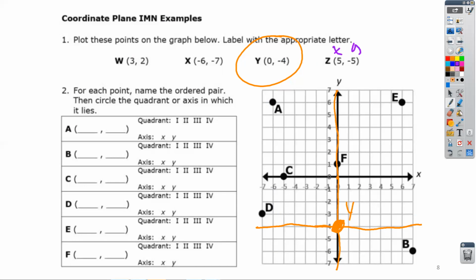Remember X and then Y, so left and right, and then up and down. So I'm going to go to the right 5, 1, 2, 3, 4, 5, and then down 5, 1, 2, 3, 4, 5, and put my dot, and there is Z. So make sure you have those 4 points graphed on your grid.